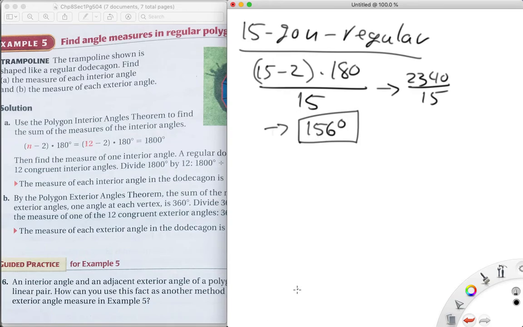If I wanted to know what that exterior angle is, I can do one of two things. I can do 360 divided by 15. That's going to give me the measure of one exterior angle, and that's 24 degrees.